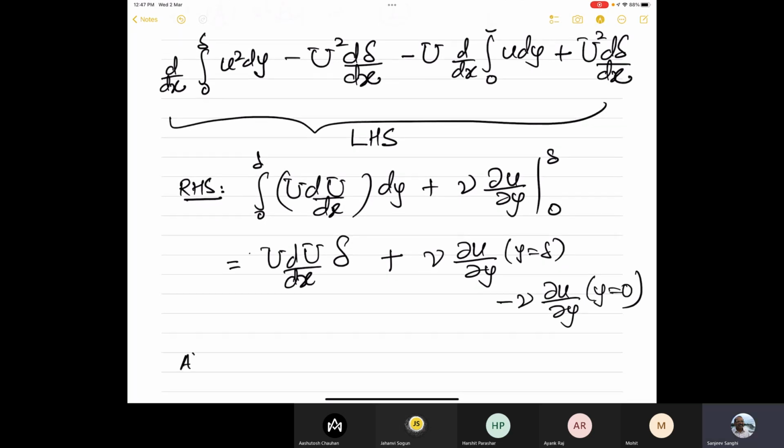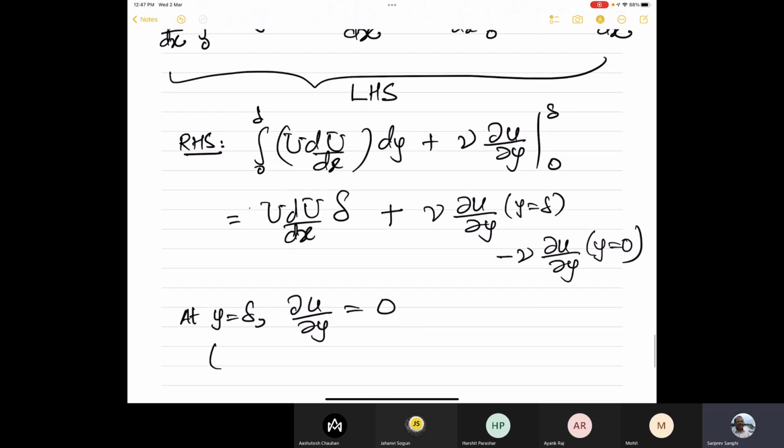Now, at y is equal to delta, the boundary layer thickness, du by dy is equal to 0. And the logic for this is that the boundary layer must merge in the outer flow smoothly.